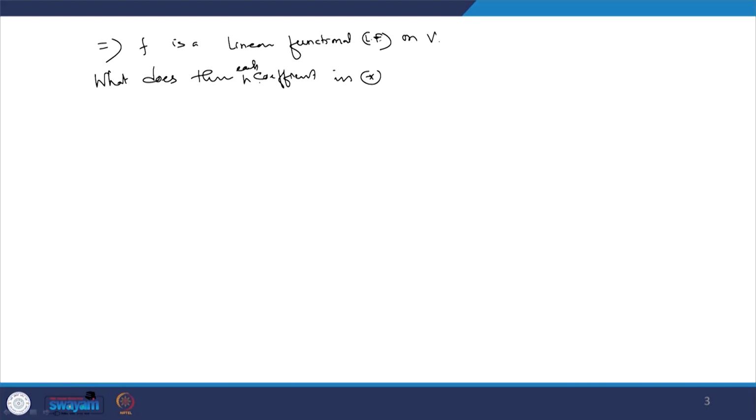Each coefficient in star, what does it represent? This is a question we can quickly answer.